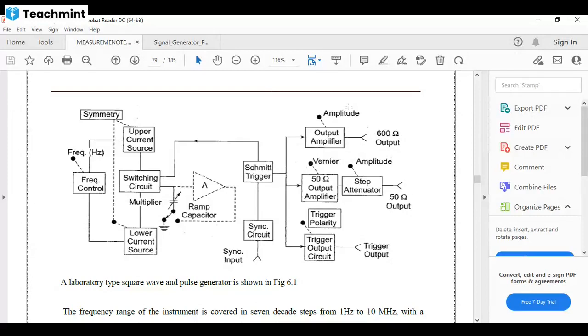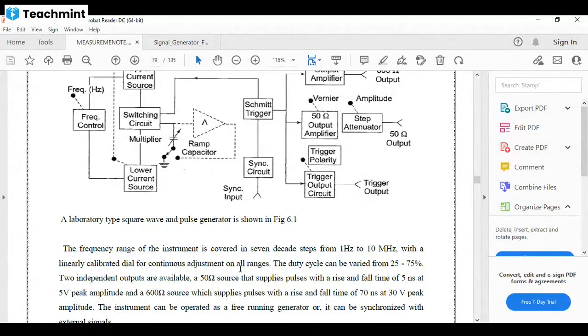The frequency range of this instrument is in steps of 7 decades, with a linearly calibrated dial for continuous adjustment, and the duty cycle.